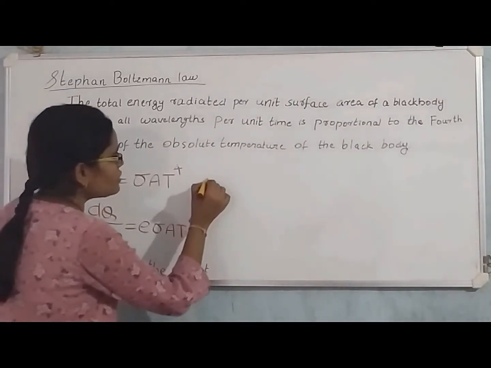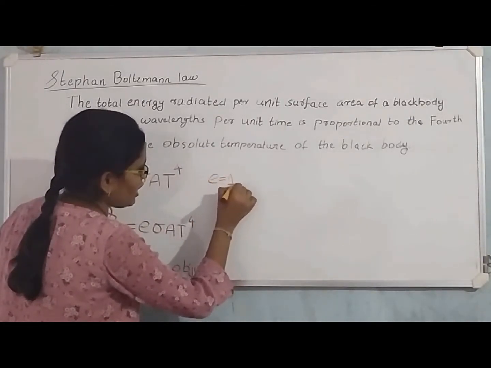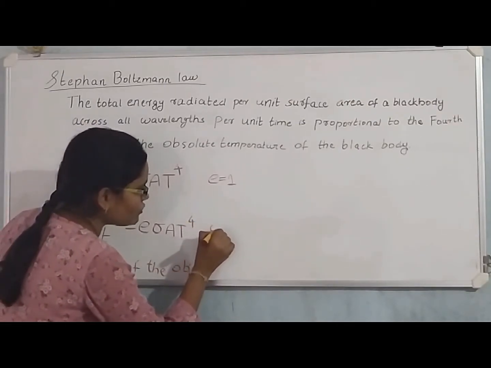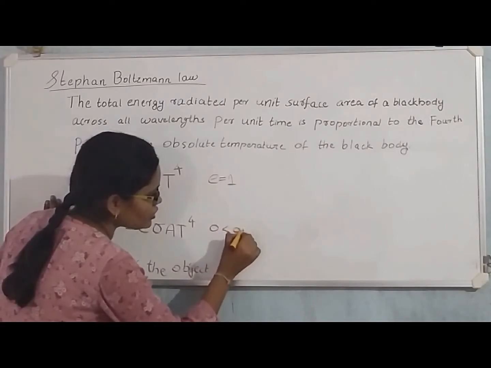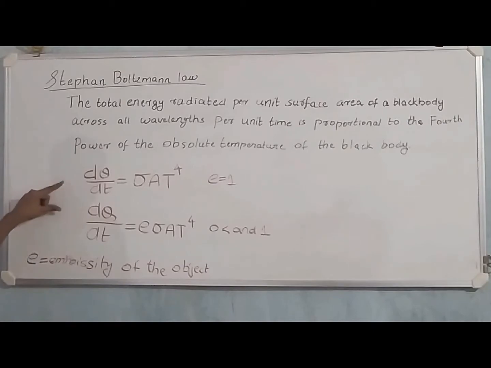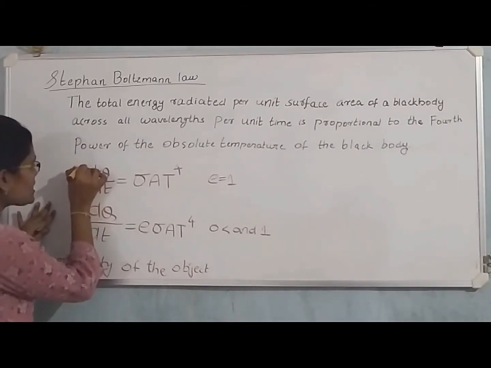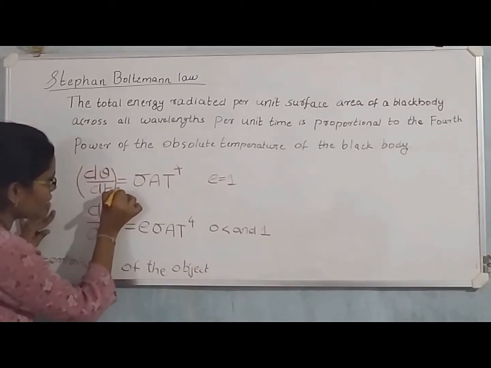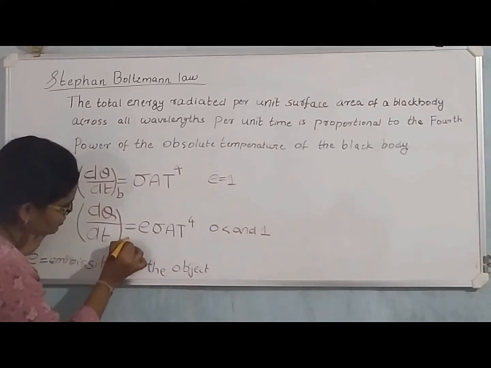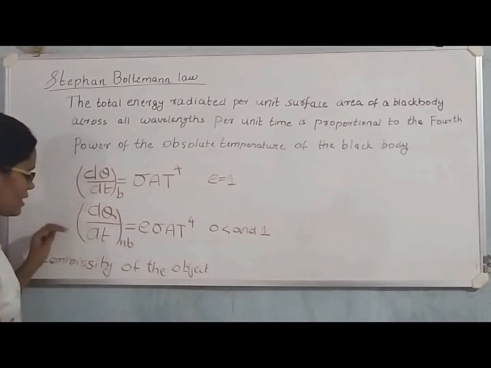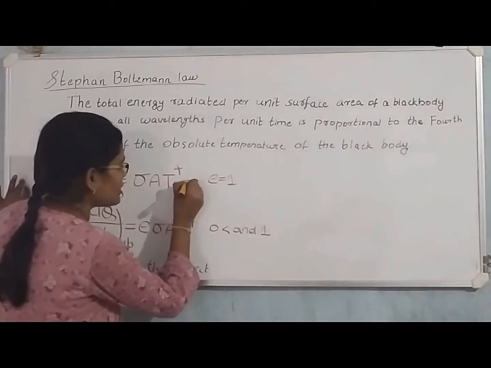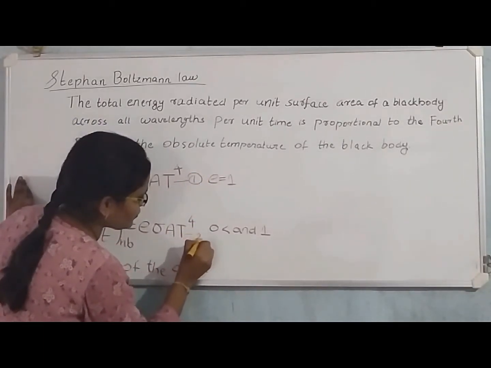For a perfectly black body, the value of emissivity is 1, and for an object which is not perfectly black, the value of E ranges between 0 and 1. So using these equations, let me label this as the rate of emission of a black body, B, and this as the rate of emission of an object which is not perfectly black, or non-black, NB. Now let me label them 1 and 2.